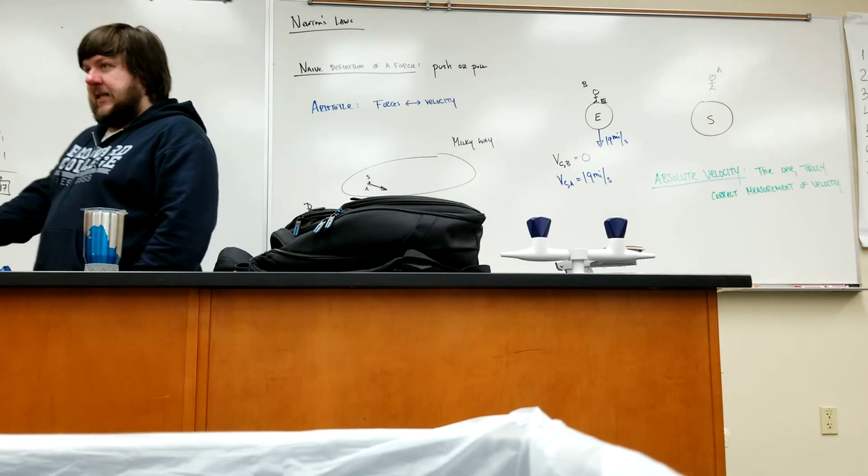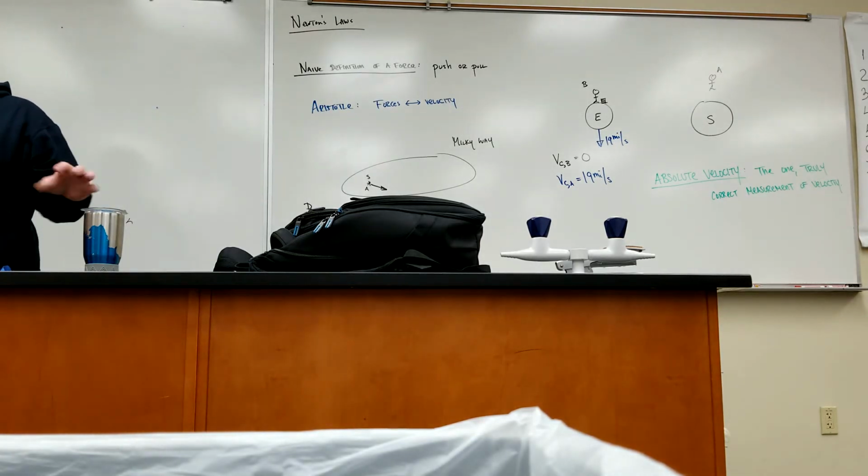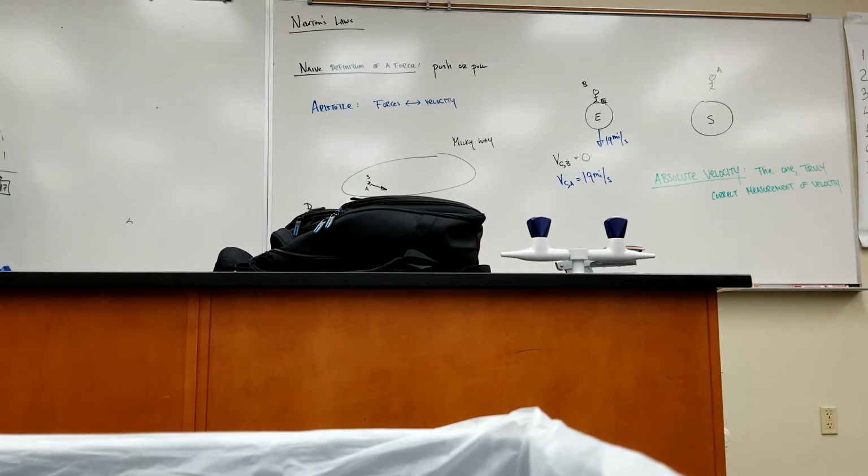Okay? And it doesn't make any sense. There shouldn't be any special observer. All observers should be on equal footing in the eyes of physics. That's the principle of relativity.